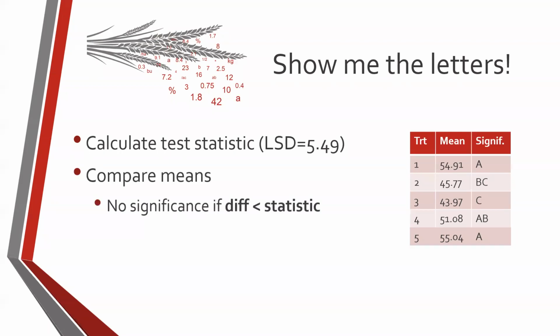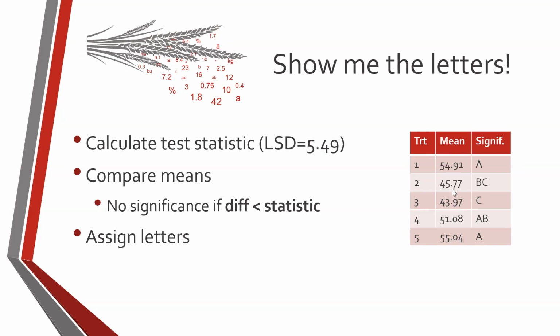Then we compare the individual means using that statistic. If two treatments do not differ by at least that LSD amount, then they are not considered significantly different. Then letters are assigned such that means with no letter in common are significantly different according to the test.